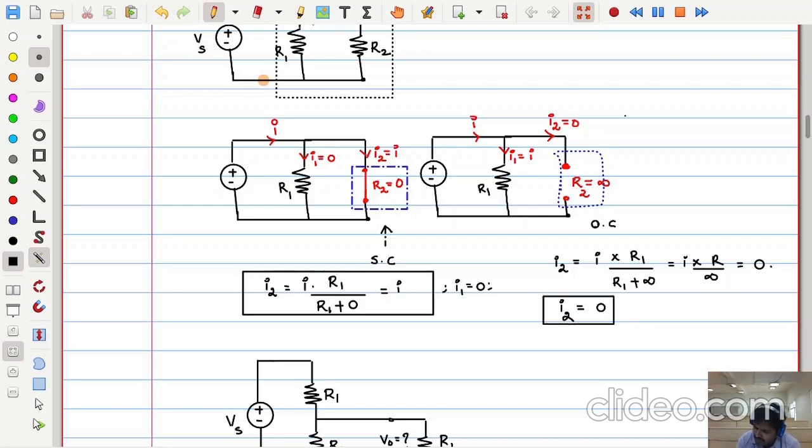When a very high resistance is there, the current passing through that element is 0, because such a high opposing force is there that current does not flow through it. Clear? Then what about I1? The total current will pass through only I1.